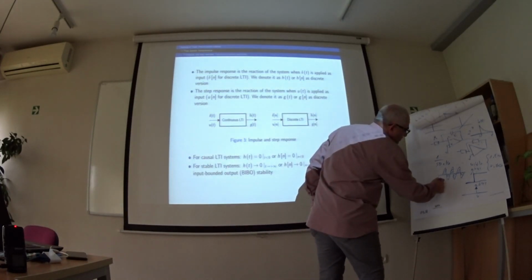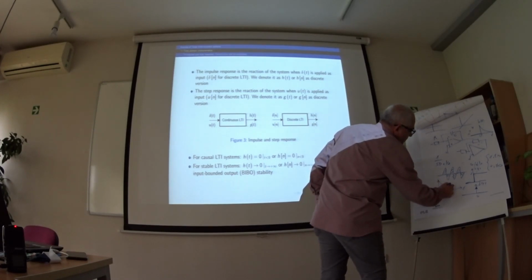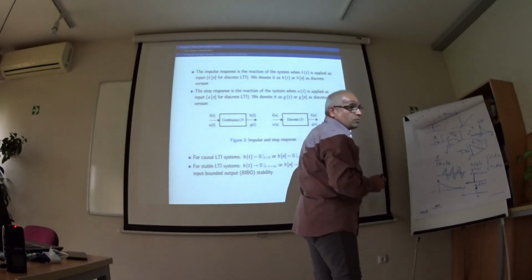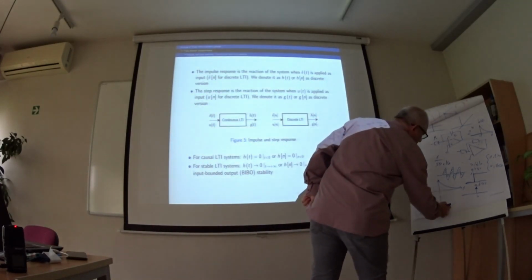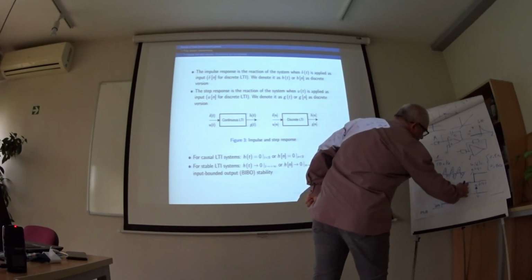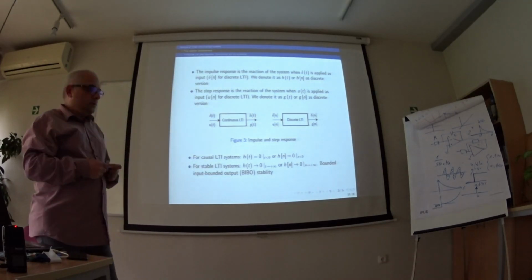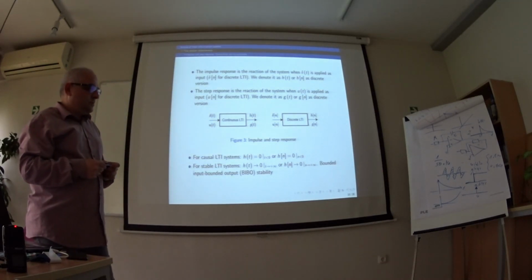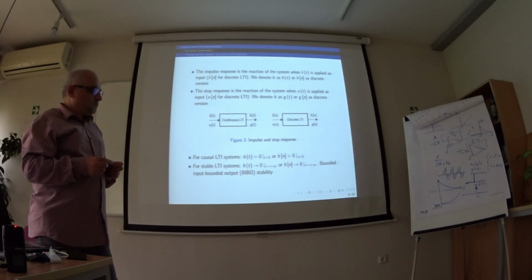For stable systems, the impulse response approaches 0, always. For an unstable system, when we apply a bounded input to the system, the output increases.